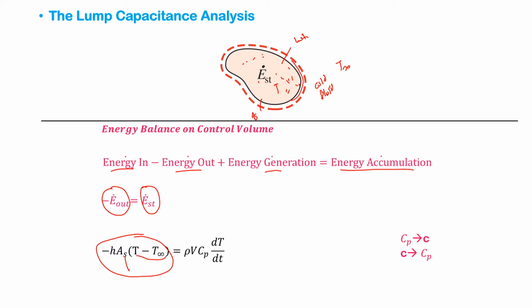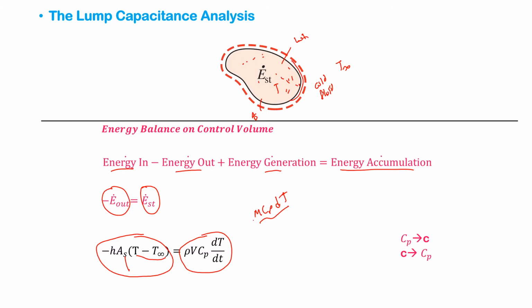And what is going to happen? This heat is going to change the energy accumulation in the system. So this is basically m Cp delta T. In thermodynamics, this is the internal energy of the system. And we are interested in how it changes with time, so we take the time derivative.